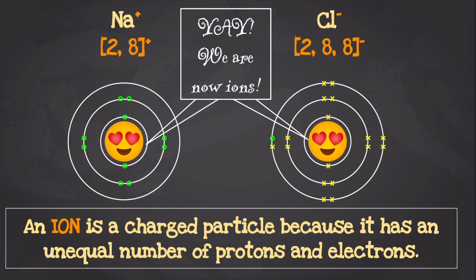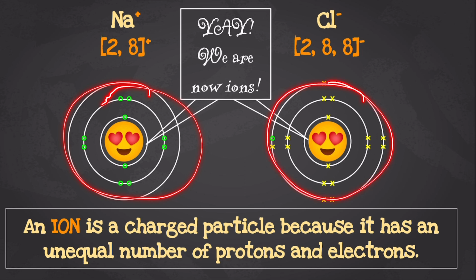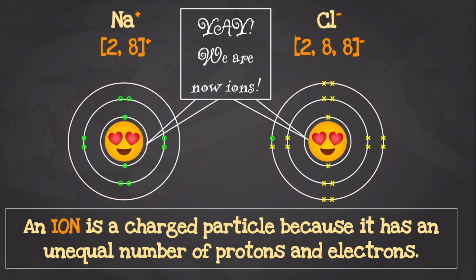While chlorine has a negative charge because now, since it took the electron from sodium, it has an extra electron. So there are more electrons than protons. That's why it has a negative charge. So an ion is a charged particle because now, instead of the protons being equal to the electrons, in sodium's case, there are more protons than electrons, and in chlorine's case, there are more electrons than protons.